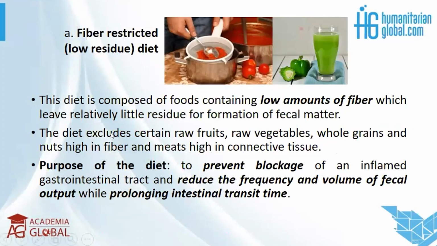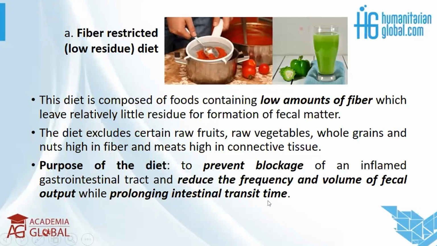The diet excludes certain raw fruits, raw vegetables, whole grains, and nuts, high in fiber, and meat high in connective tissue. The purpose of this diet is to prevent blockage of an inflamed gastrointestinal tract and reduce the frequency and volume of fecal output while prolonging intestinal transit time.